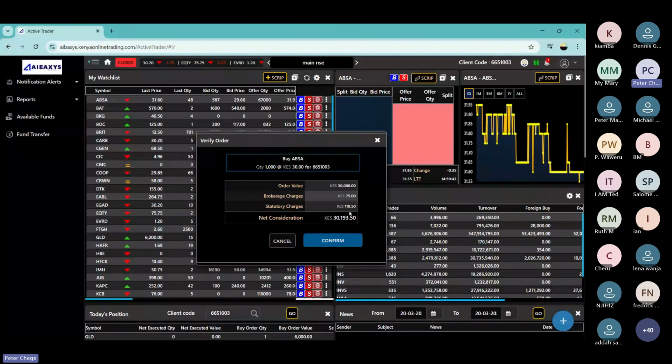Ideally, if you are buying shares worth 30,000, you need to have 30,000 and around 200. That 200 pays the broker, CDSC, CMA, NSE, and any other party, because there are CMA, CDSC and NSE levies paid to them, plus broker commission. Then there are investor protection funds, which are set separately by CDSC and NSE to protect the market. Hopefully I've answered your question.